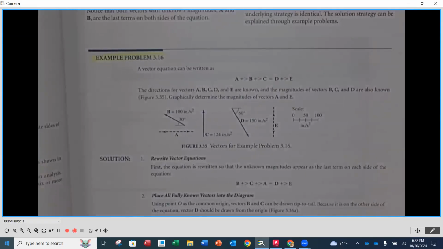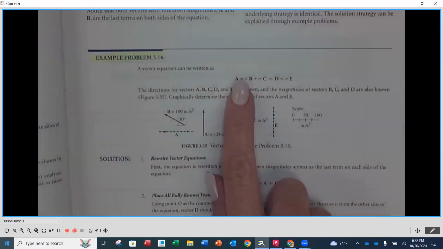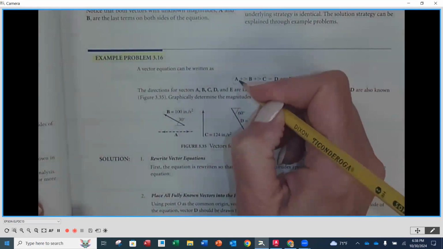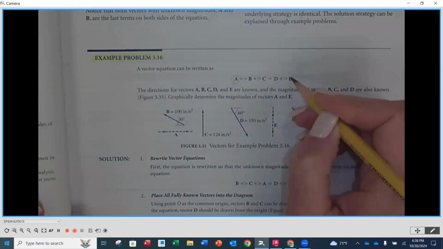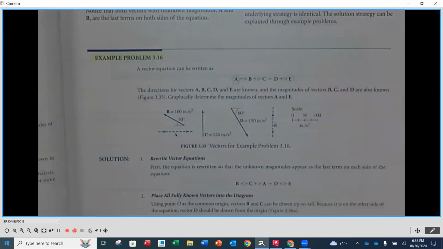But the caveat is we can't have more than one unknown on either side of the equation. Notice we have an unknown magnitude of A on the left-hand side and an unknown magnitude of E on the right-hand side. So they are where they need to be.